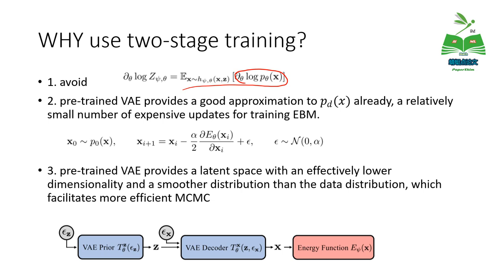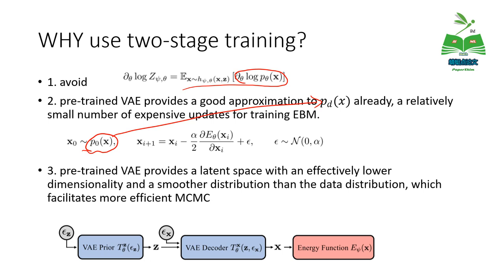Then the energy-based model will refine the distribution, so it will just need a small number of updates. Which means here the P0 is very close to the PD distribution. Then the MCMC won't take a long process to refine the samples.